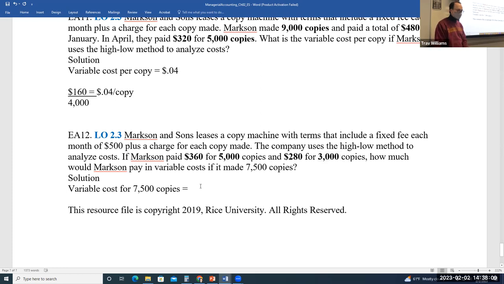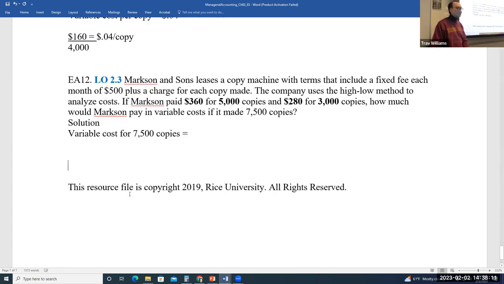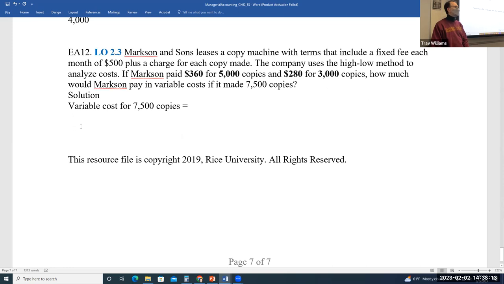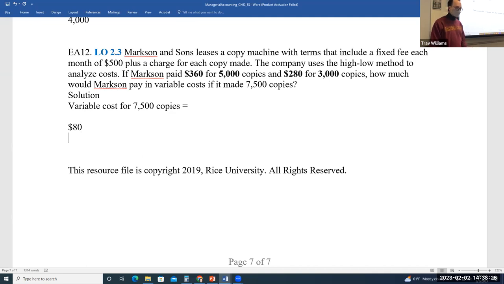So again, how do we start when we're doing this kind of a high-low formula? The difference, okay? So we take the difference in costs, which is $80 between the 2 months, divided by the difference in production, which is 2,000 units, right?